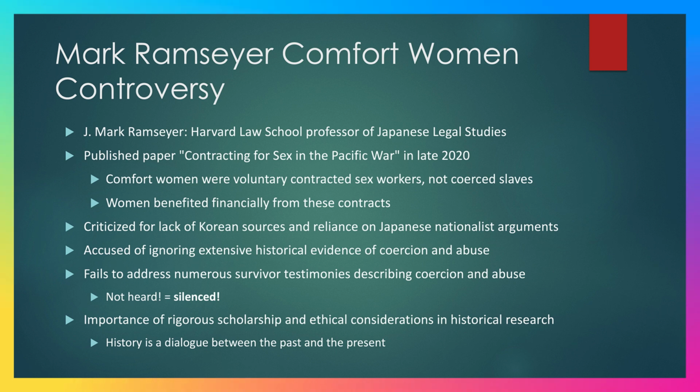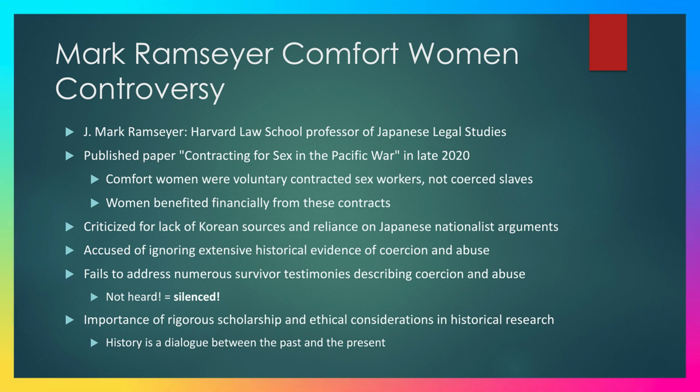And recently there was this professor at Harvard Law School called Mark Ramseyer, whose major is Japanese legal studies, and he got scholarships from the Japanese government in the past. He wrote a paper about comfort women, and the title was Contracting for Sex in the Pacific War, in late 2020.